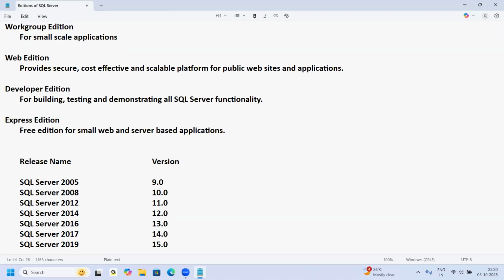So the version does not end with these digits; actually a version has three parts: major version, minor version, and patch version, which you can also call the build version. And on the basis of that, you are made available with various other things.